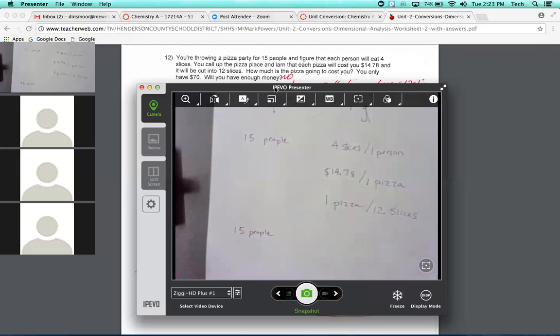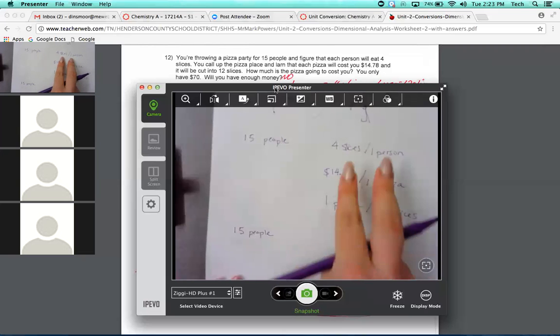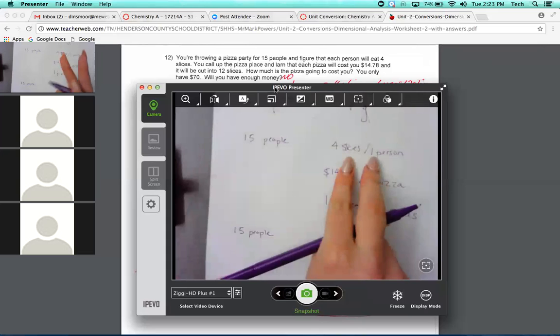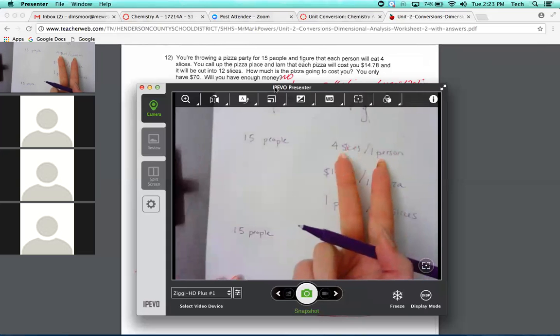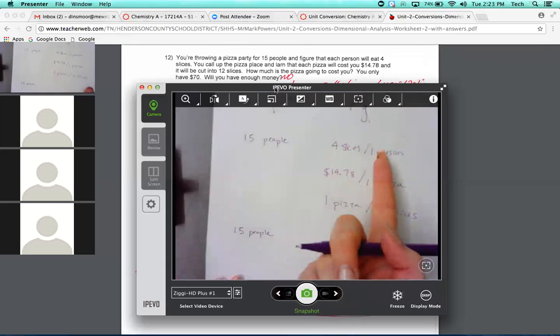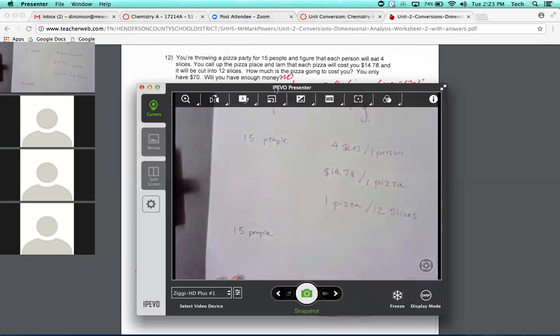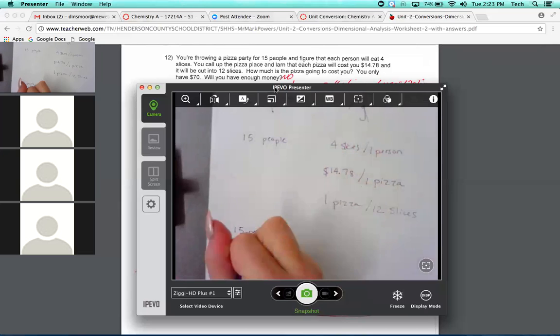If there's any way that we can cross out people. Well, guess what? We can. Person, people, same thing. We need people to be on the bottom. It doesn't matter though, because since this is 1, we could easily switch it around the other direction. It could be 1 person per 4 slices because it equals 1. Doesn't matter in which order you put it in. But we're going to be putting our 15 people over 1.